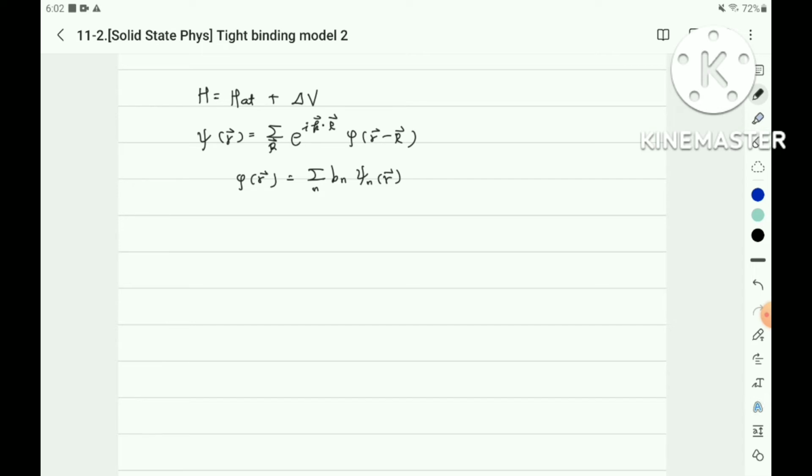From this lecture, I will apply some basic calculations of simple crystal structures using the tight binding model. Application of the tight binding model.